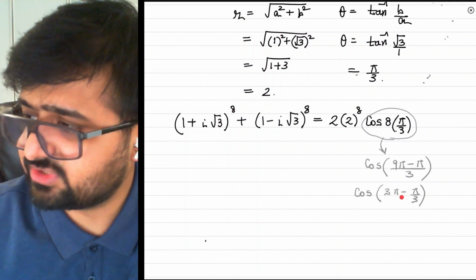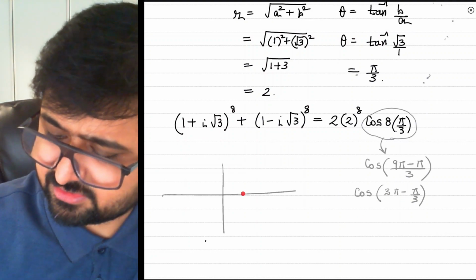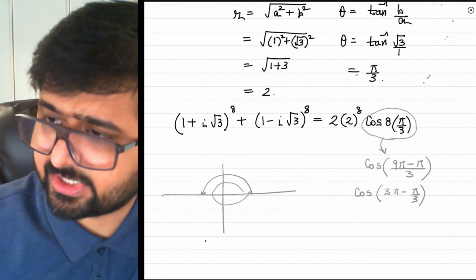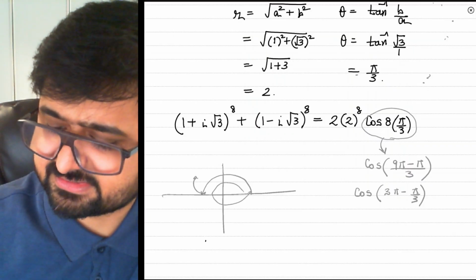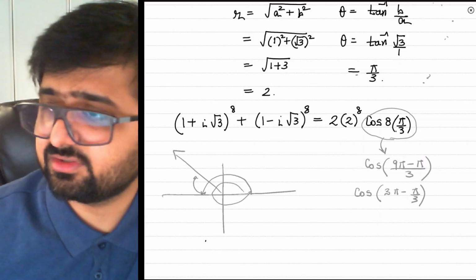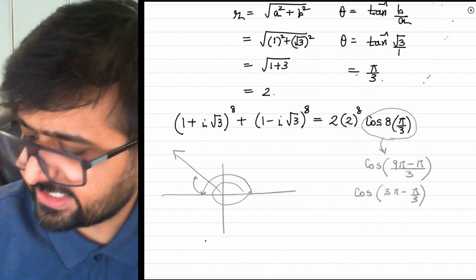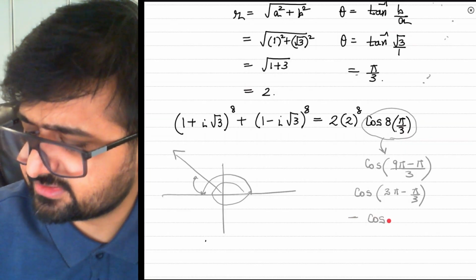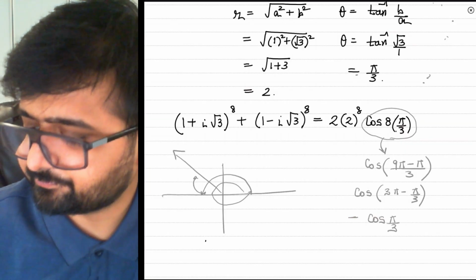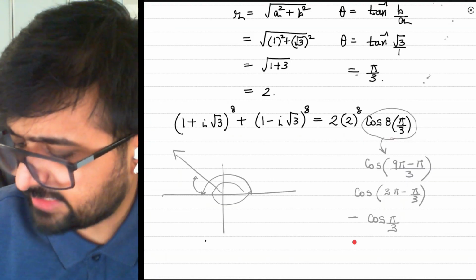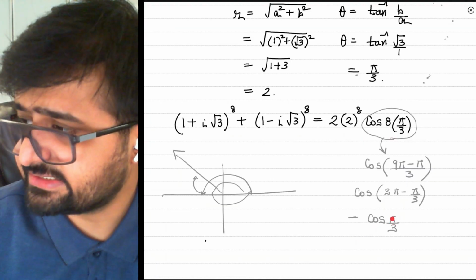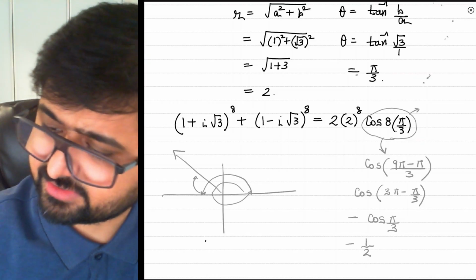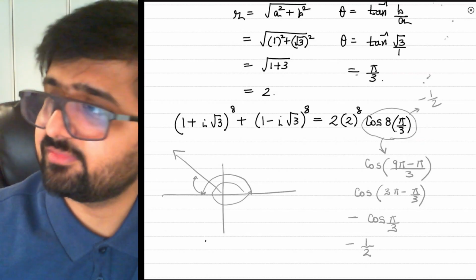Now if you imagine that angle, this is 1 pi, then there is 2 pi, then there is 3 pi, and then there is minus. So it goes in the second quadrant, where cos is negative. So this is minus cos pi by 3, which is minus cos 60, which is minus half. So this value is nothing but minus half.